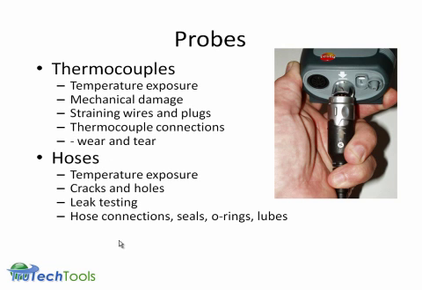Probes. The thermocouples, you just need to make sure that it's centered in the probe and it's not subjected to any mechanical damage. You do want to be careful you don't strain the wires, so just careful handling of the probe assembly will minimize wear and tear. Same thing with hoses. Periodically you want to inspect them for cracks and holes.